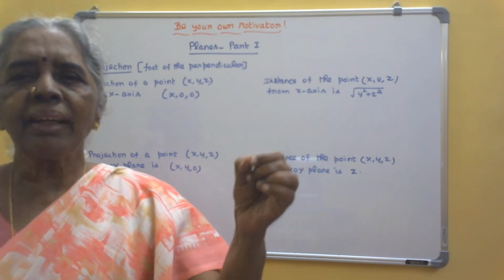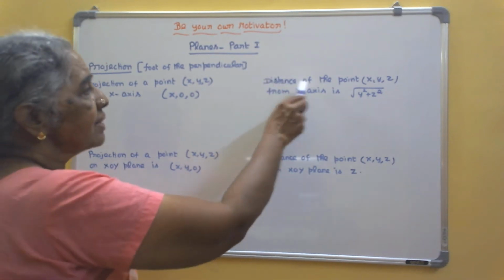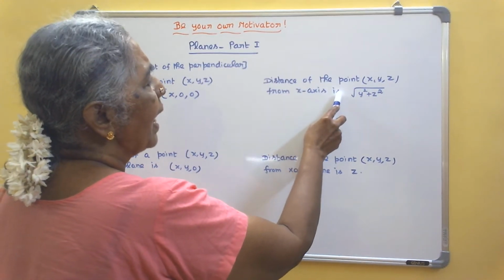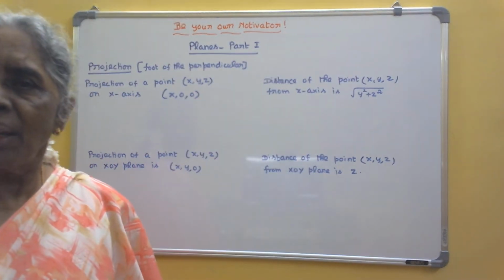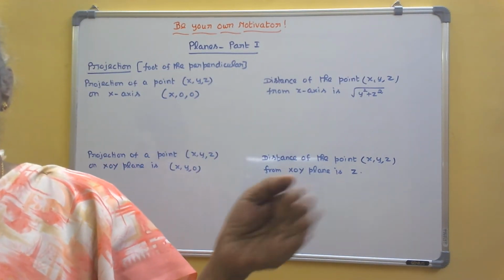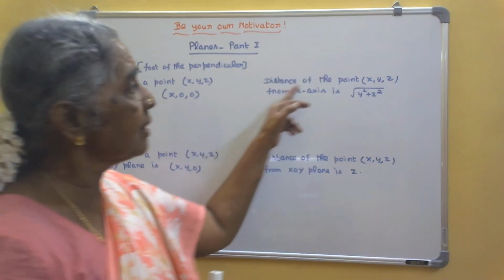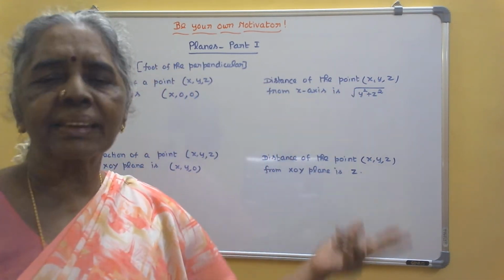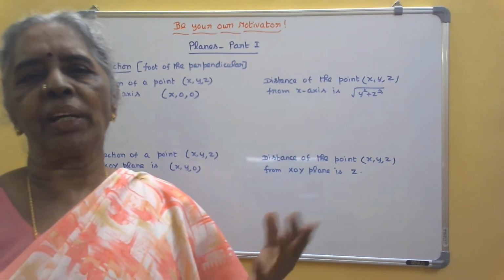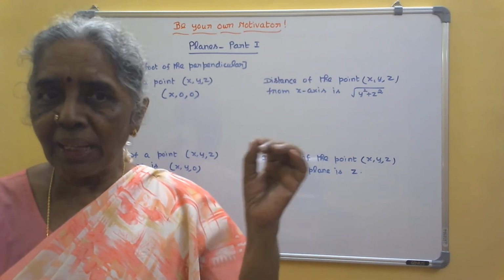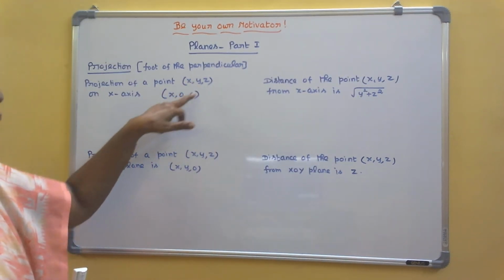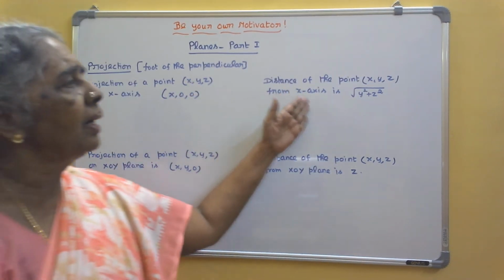Similarly, you can derive the result, isn't it? Distance of the point x, y, z from y-axis, that will be root of z squared plus x squared. Distance of the point x, y, z from z-axis will be root of x squared plus y squared. If you understand the basics, that is, if you know this point, naturally you can use the distance formula and you can get this.